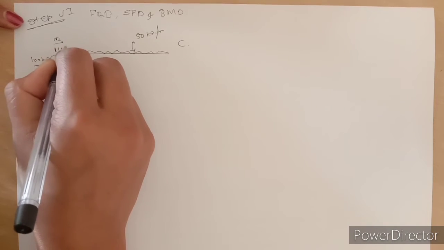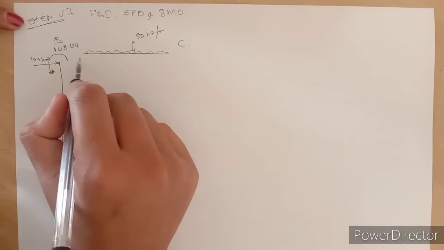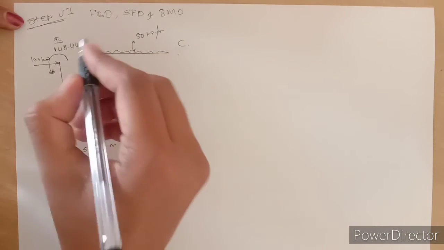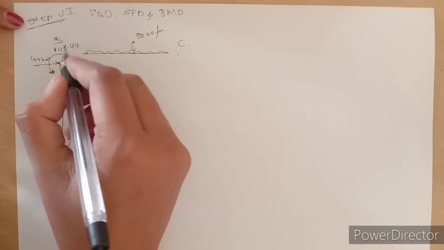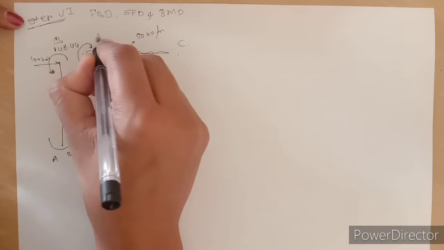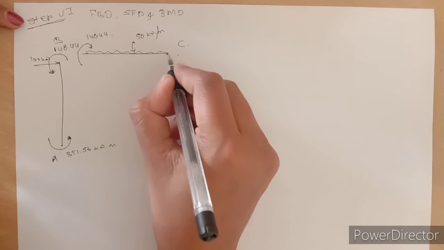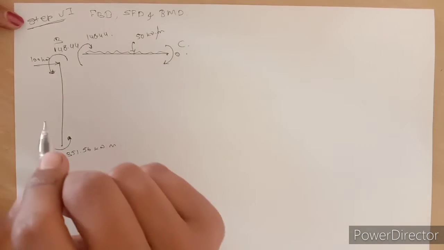Next, the end moment at member BC is minus 148.44, so that's why we take the anti-clockwise sign. And last, at point C, the end moment is 0.